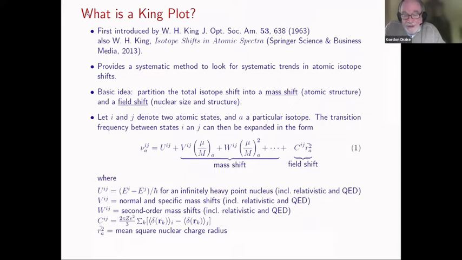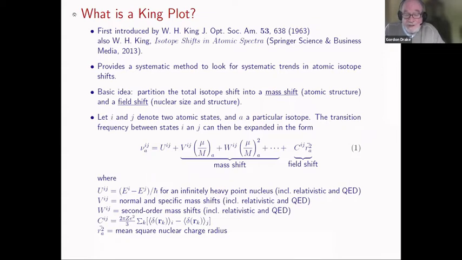If i and j denote two atomic states and A the isotope shift, then it can be expanded in powers of the ratio of the electron reduced mass to the nuclear mass, which for lithium is about 10 to the minus 4. The leading term U_ij is the contribution to the energy for an infinite point nucleus, including all relativistic and QED effects. But we don't have to know those because they cancel when you form the King plot.